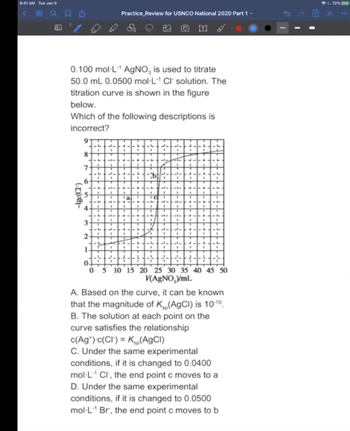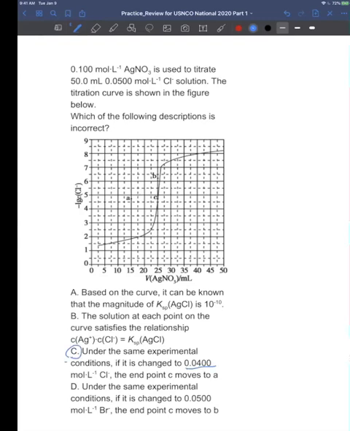Okay, I'll give you a few more seconds. Okay, let's stop here. So the correct answer of the question is C. Why is this one incorrect?